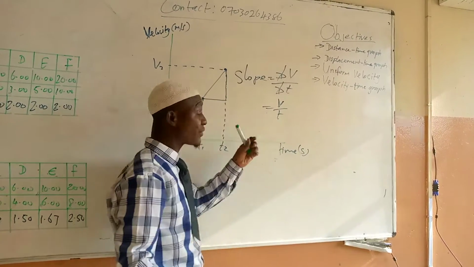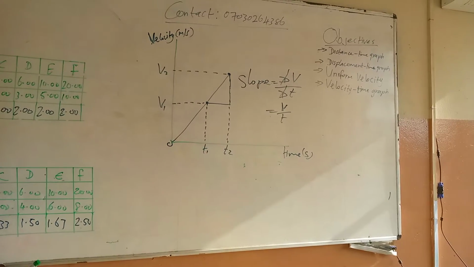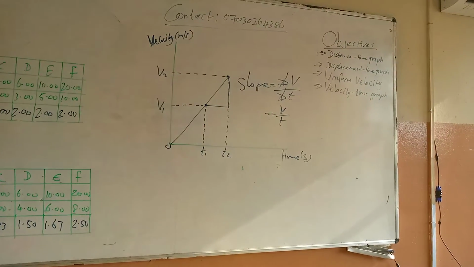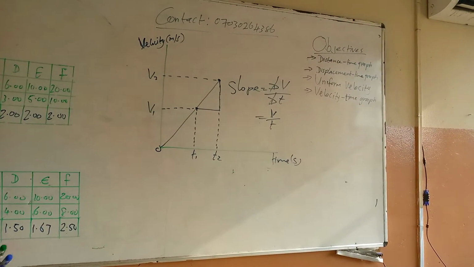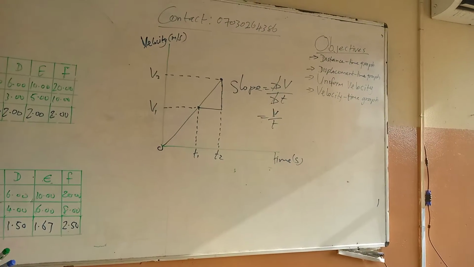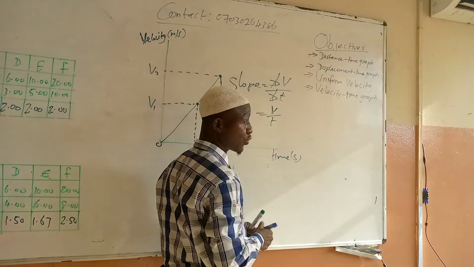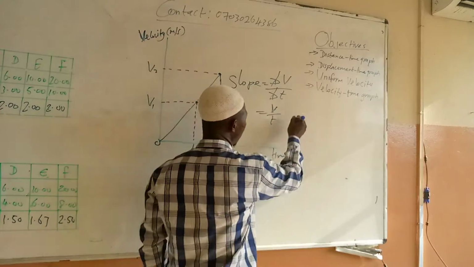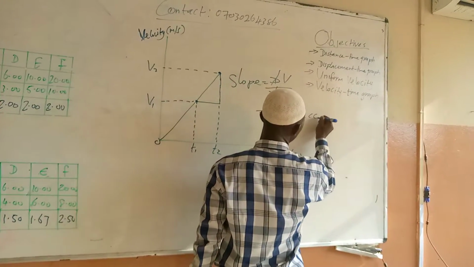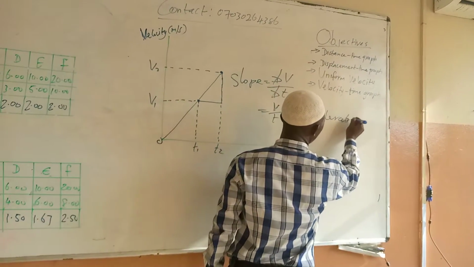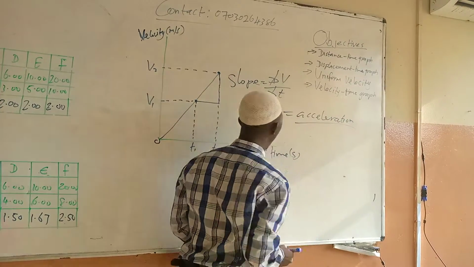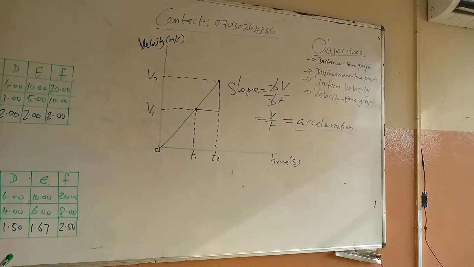And what is velocity over time? From our previous class, when we were dealing with fundamental quantity and derived quantity, velocity over time gives us what? Acceleration. Therefore, the slope of velocity time graph gives acceleration.